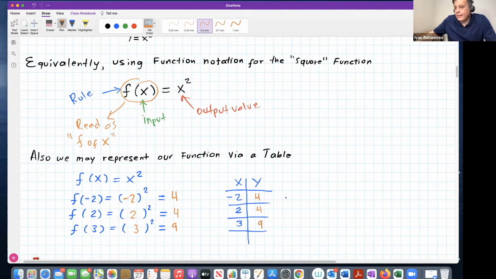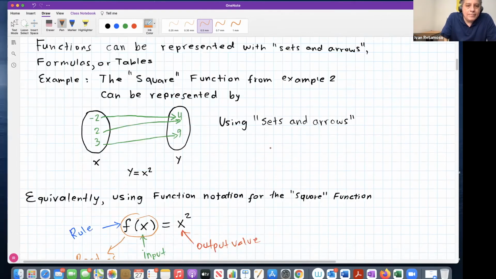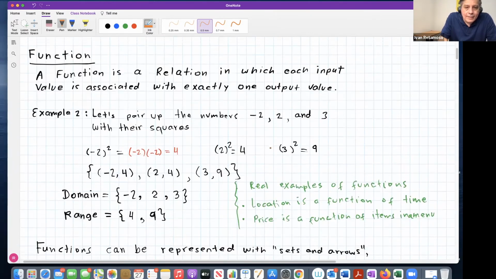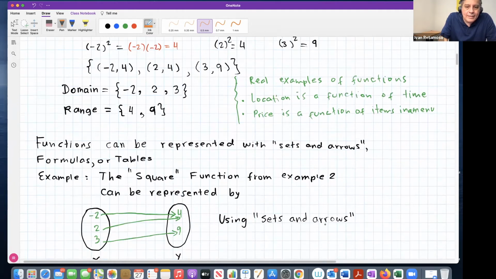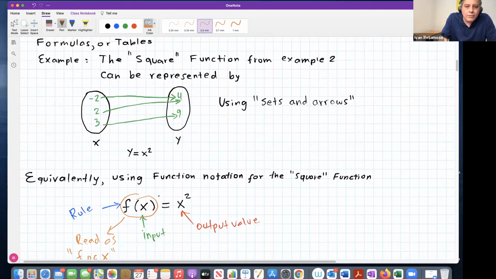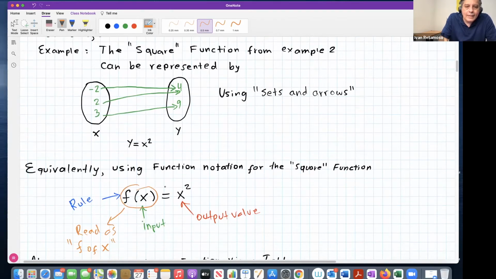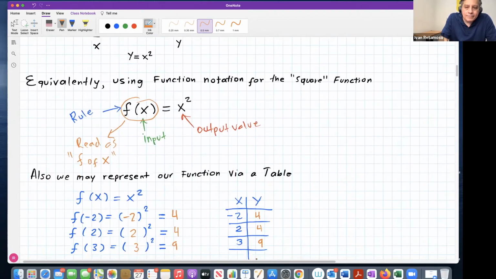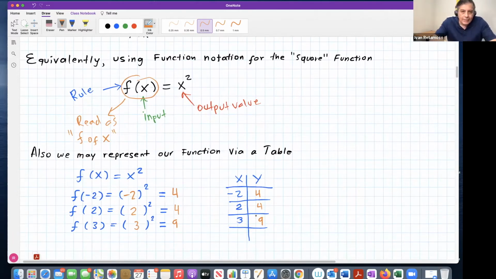Great. So guys, 3 ways to represent the function, right? Mainly, so far. Using sets and arrows, this way. Using functional notation, this way. And using a table. There are more ways to represent the function. I will tell you about that later.